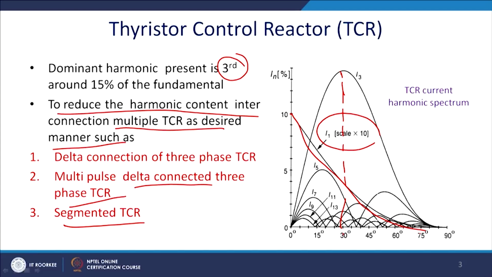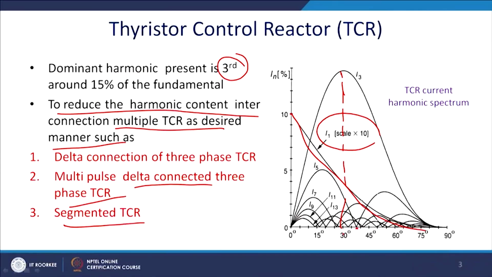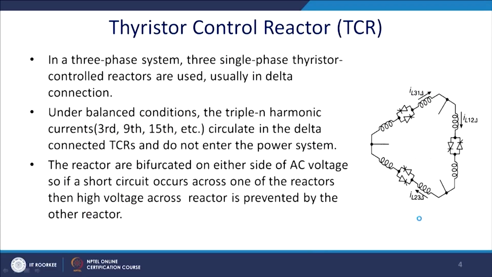Thereafter, the fifth harmonic has a 0 here. So, you can choose to eliminate the fifth harmonic by choosing alpha between 30 to 45 degrees if required. The fifth harmonic will have this kind of pattern. Then there are the seventh harmonic, the ninth harmonic, and the 11th and 13th harmonics. This will be the harmonic spectrum of the TCR.